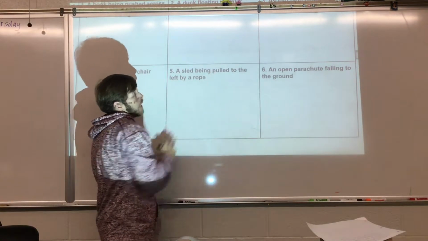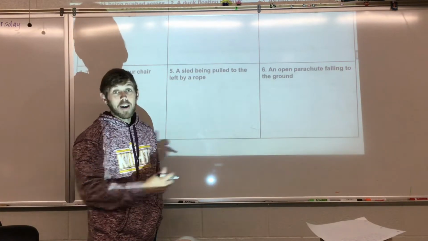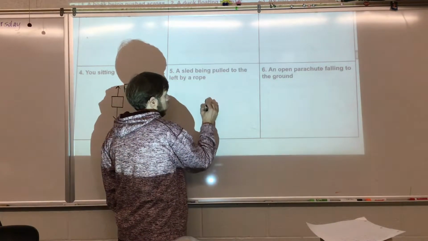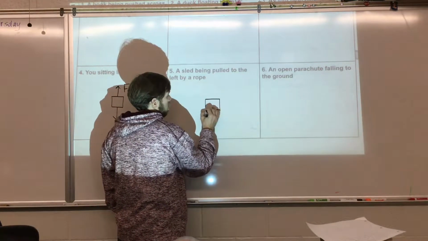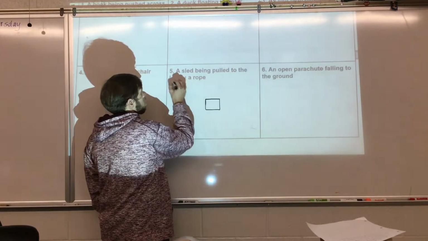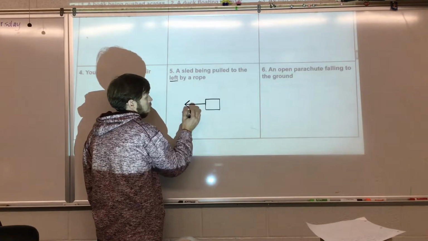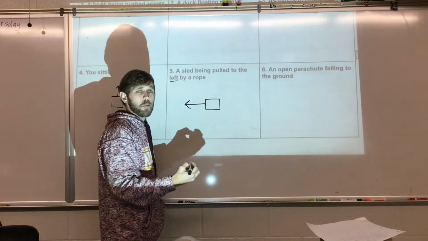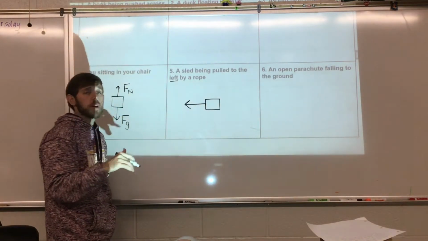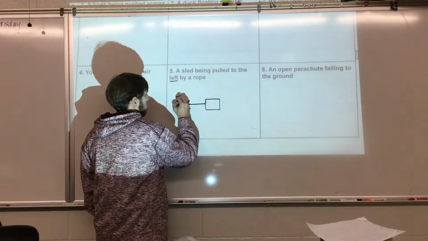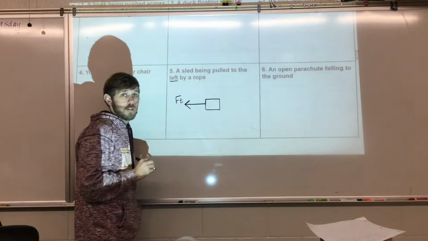Number 5, a sled being pulled to the left by a rope. So we're going to draw our sled in here, and we know it is moving left. So I'm going to put a nice big arrow there, and it's being pulled by a rope. So remember, anytime there's a force that's being applied by a rope, a string, something like that, it becomes force of tension.